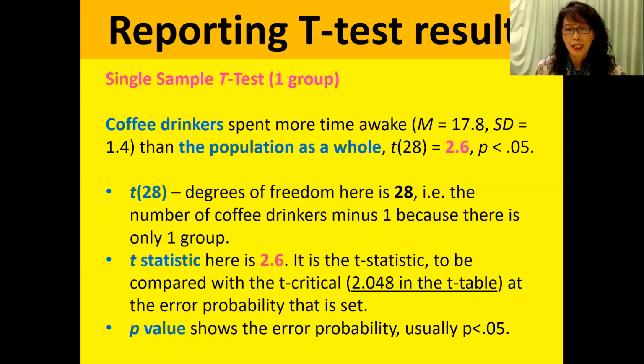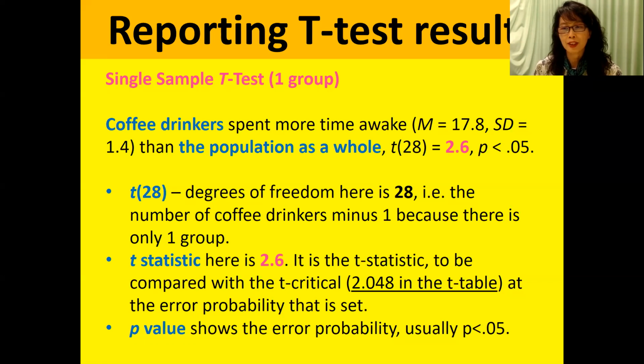Next, you see in pink color 2.6. This is the t statistic that is calculated for this group of coffee drinkers. This is the t statistic, which is supposed to be compared with the t critical in the t table. And I have found that the t critical here is 2.048. And this is based on the 95% confidence level that is set.